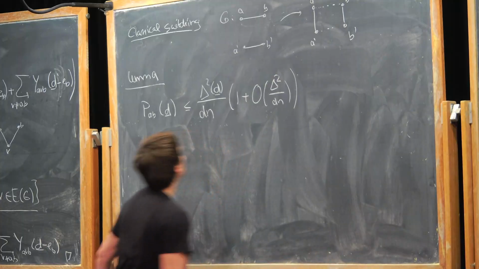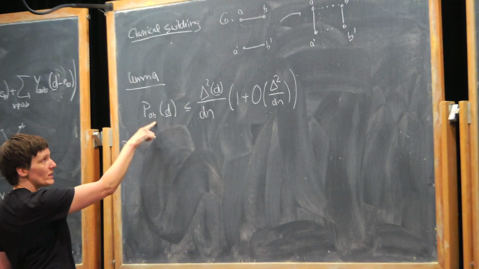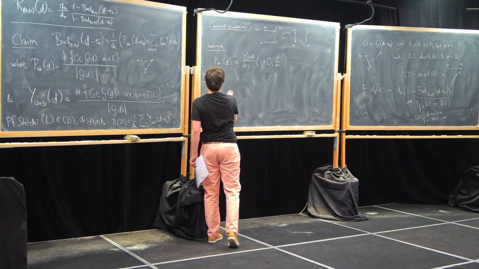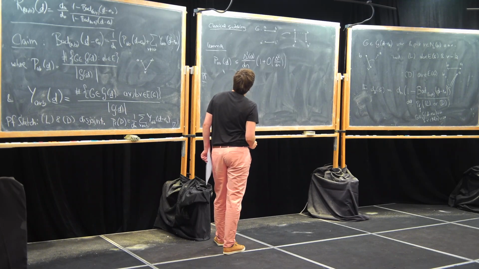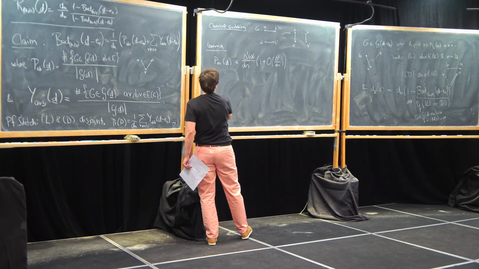before I say that, let's say, what is this edge probability? Well, by definition, proof sketch anyways, but let's go back to that.